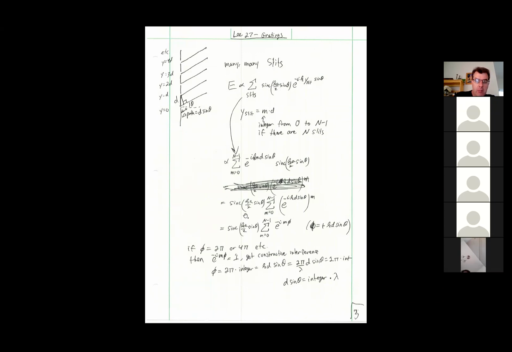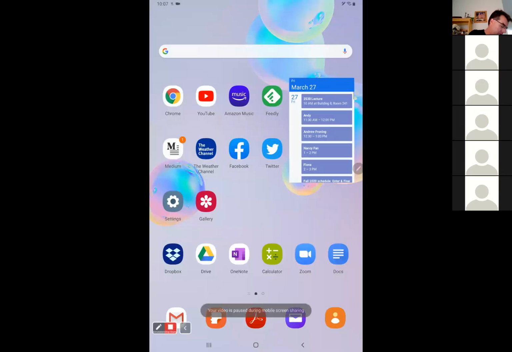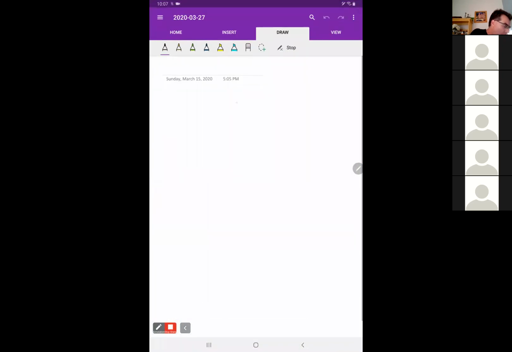Because these complex numbers, I should switch things, I didn't put in the notes, and now I want to illustrate them a little more. All of these complex numbers are just equivalent to points on the unit circle, right?